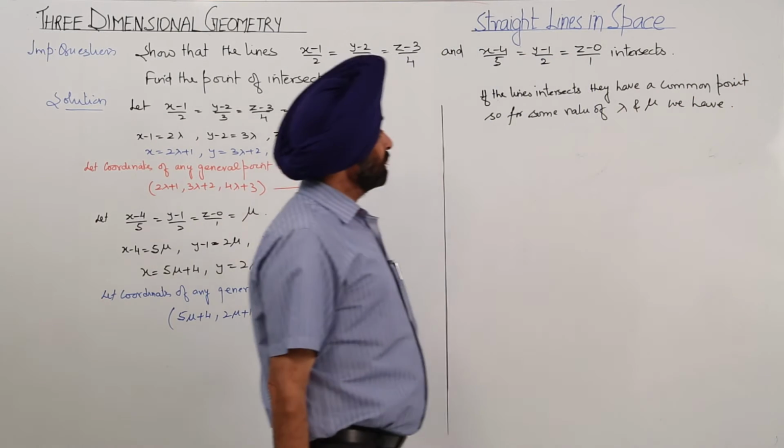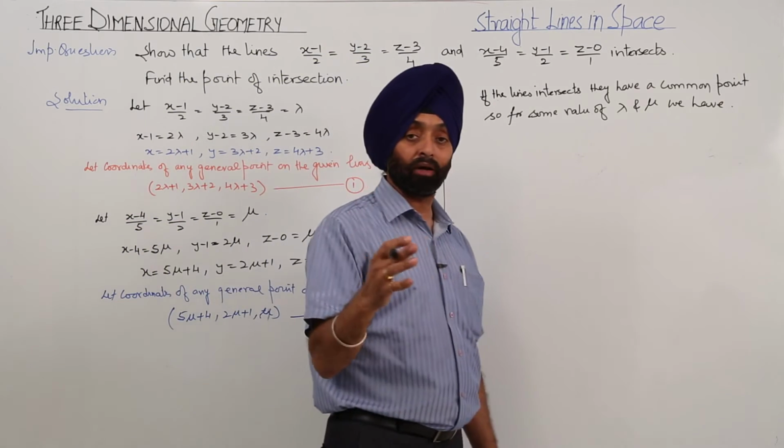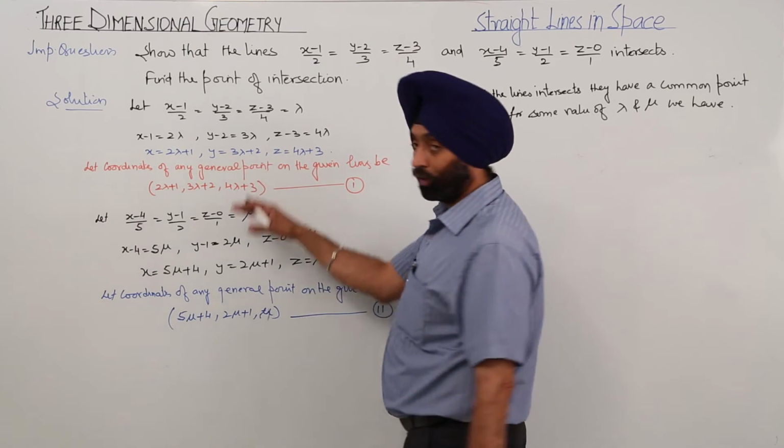What this means is that if the lines intersect, they have a common point for some lambda and mu. So, we are going to equate the coordinates.